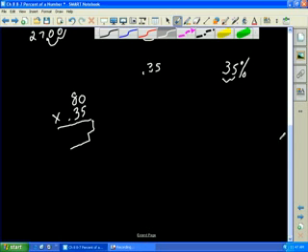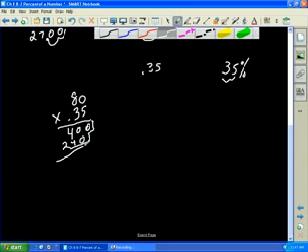Make a little bit more room. And here we go with our multiplications. 5 times 0 is 0. 5 times 8 is 40. Come down to our second number. You can see we've moved over for our place value. 3 times 0 is 0. 3 times 8 is 24.